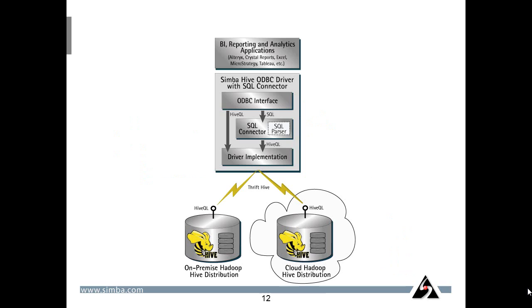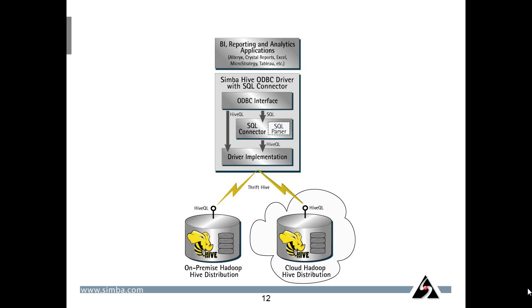But let's look inside the driver some more. On the top here, inside the box, you'll see that we have a high-performance ODBC interface. And on the bottom edge, you can see that there's a driver implementation that we've developed for Hadoop and Hive. So these two components together give you native HiveQL processing capability that's comparable to what's available with the other drivers on the market.